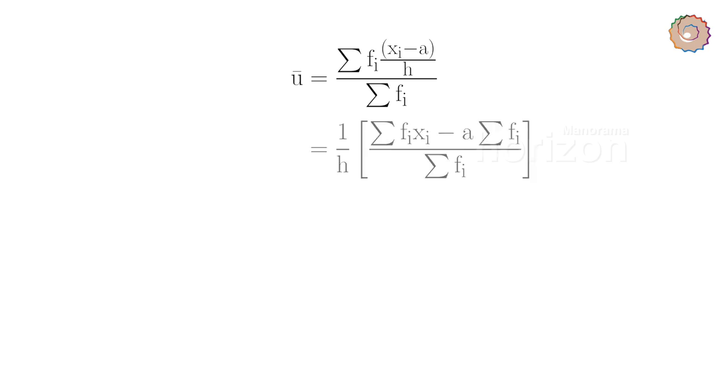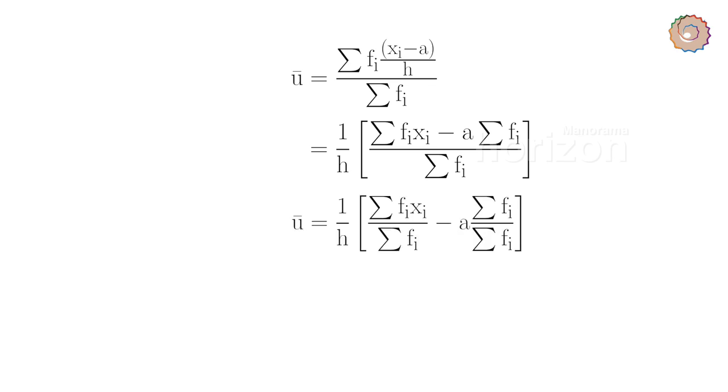That is, u bar is equal to 1 by h in brackets sigma fi xi minus sigma fi a, the whole divided by sigma fi, which gives you u bar is equal to 1 by h in brackets sigma fi xi divided by sigma fi minus a sigma fi divided by sigma fi, which implies u bar is equal to 1 by h in brackets x bar minus a.